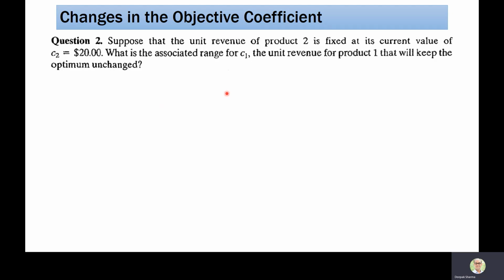Let us take the second question. Suppose that the unit revenue of product 2 is fixed at its current value of 20. What is the associated range of C1, the unit revenue of product 1 that will keep the optimum unchanged, meaning the point C should not change? C2 we have fixed. So what could be the range on C1?